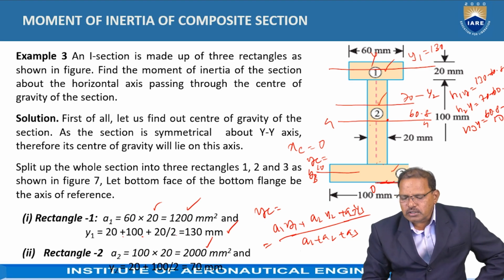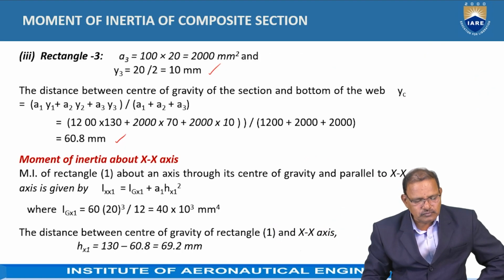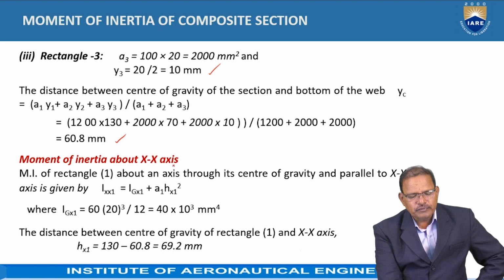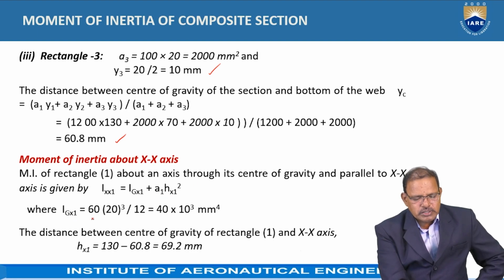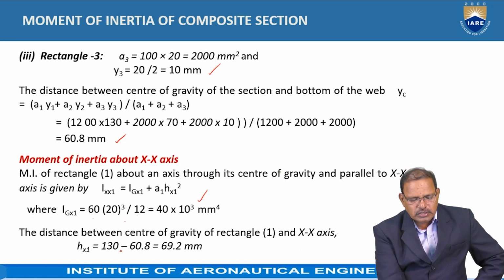These are the values we have to take, h1y, h2y as well as h3y. Now, the moment of inertia of the first rectangle about the x-axis is given by Ix1 equal to IGx1 plus a1 hx1 whole square. As I already told, IGx1 is equal to 60 into 20 cube by 12, which is equal to 40 into 10 to the power of 3, and hx1 is equal to 130 minus 60.8, which is 69.2.